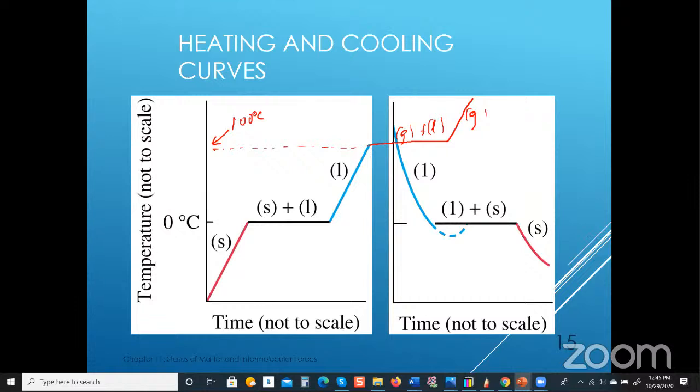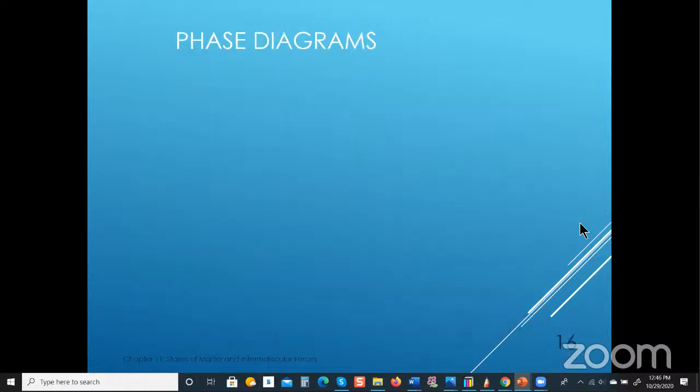So if you understand what happens as you're increasing the temperature, the reverse will happen when you're decreasing the temperature, and the changes will take place as far as the different states and the temperatures at which those changes of state occur, all right? Okay, and that's basically all I have to say concerning heating and cooling curves.